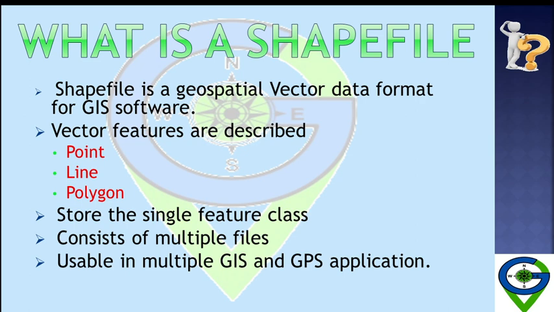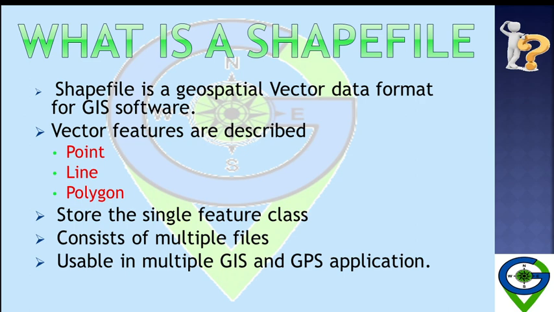We cannot draw a line in the point shapefile, means a point shapefile will store all the information in the form of points only. So it's going to be a single feature class, which means it's going to store a single type, be it a point, a line, or a polygon, but it will store a single geometry in a single shapefile.